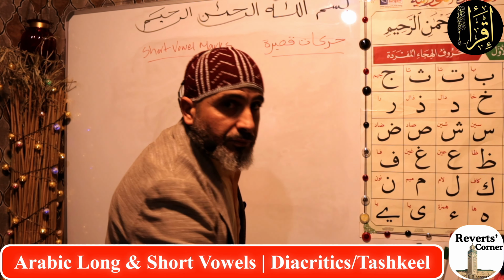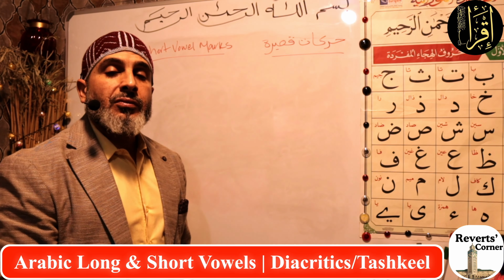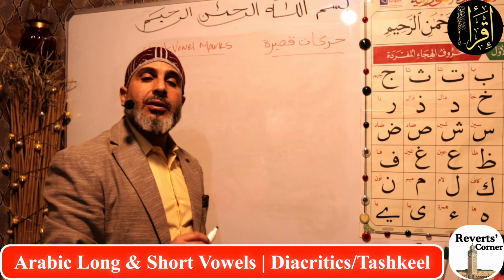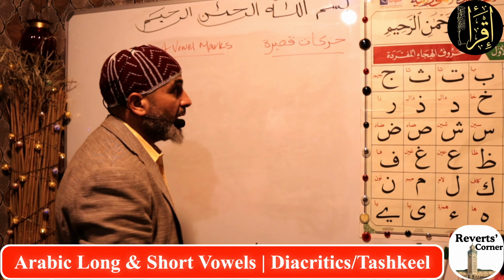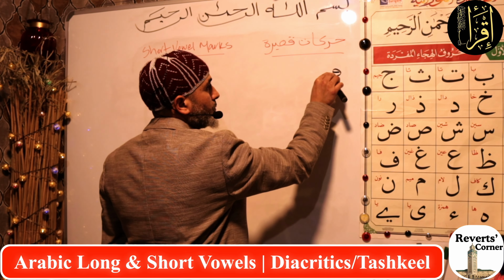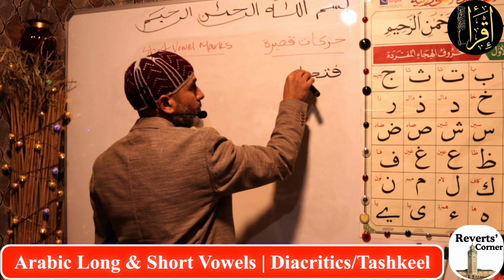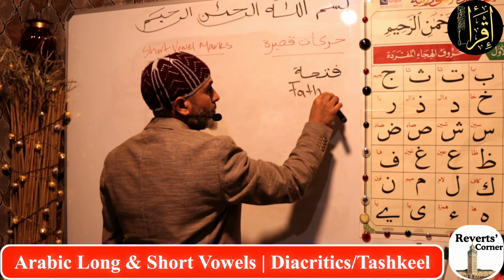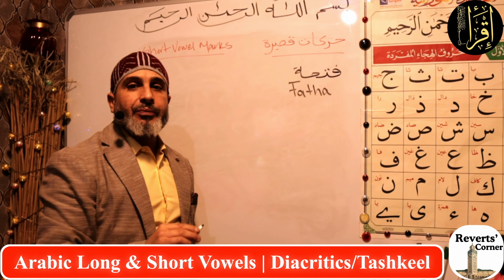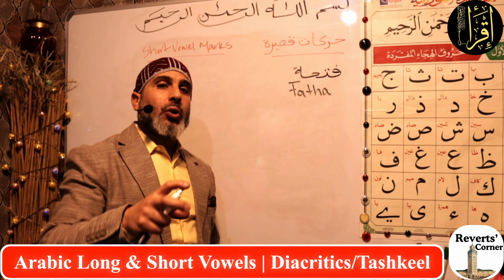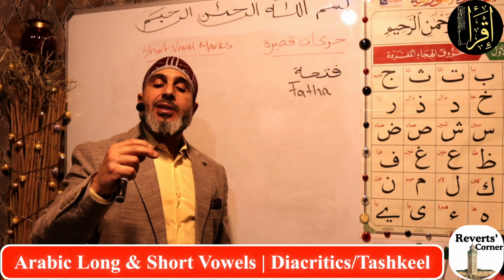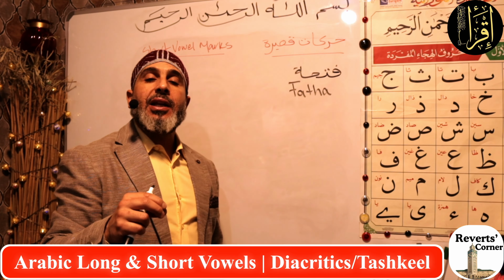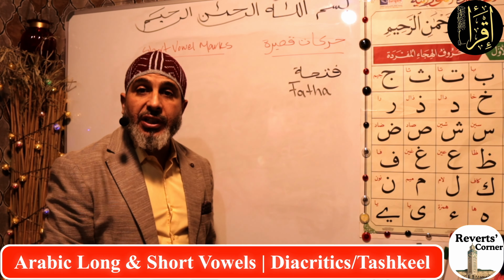The first one is فتحة. Fatha is a small diagonal line placed above the letter, and it represents a short ah, like the ah sound in the English word cat.